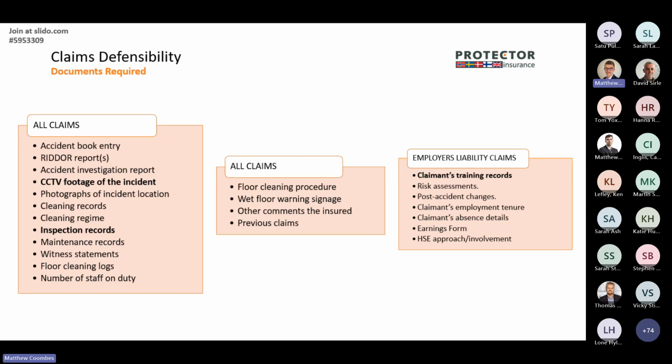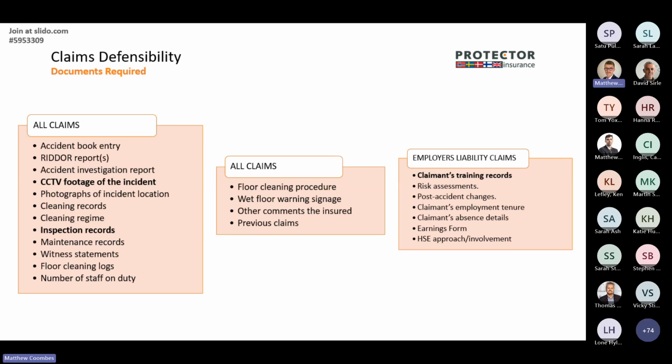So this nicely takes us to claims defensibility and some of the documentation required by our own claims department. Whilst all claims are case specific and not all the information detailed on this pretty busy slide will be requested in every case, this is a list of the documents and evidence that we routinely ask for.